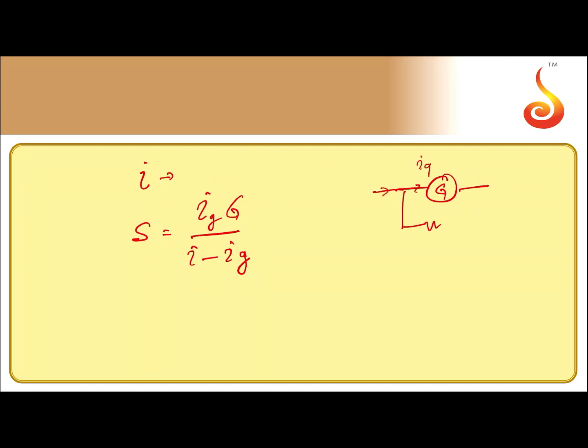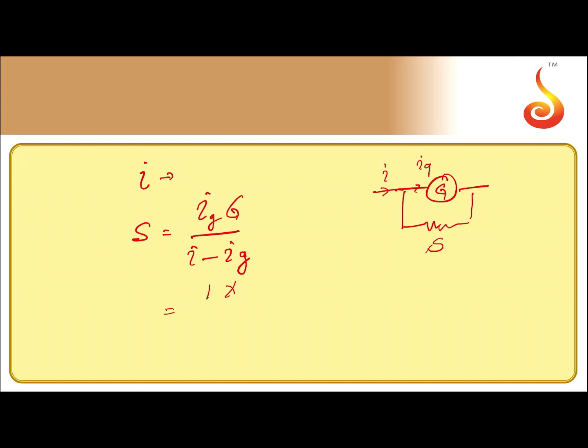So the shunt resistance required is given by Ig into G divided by I minus Ig. You have a galvanometer of resistance G and you want the value to increase to I, and therefore to increase its range, you connect a shunt resistance in parallel, and the shunt resistance is given by Ig into G divided by I minus Ig, where Ig is the initial current and I is the final current.